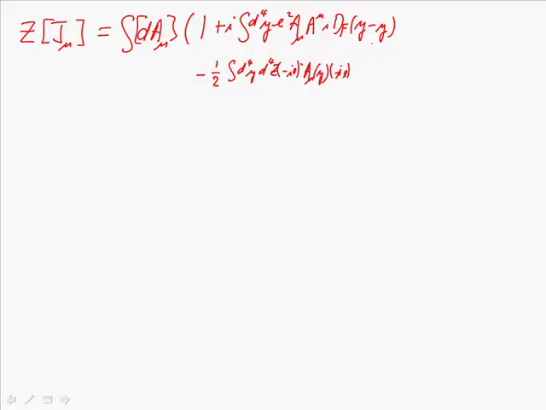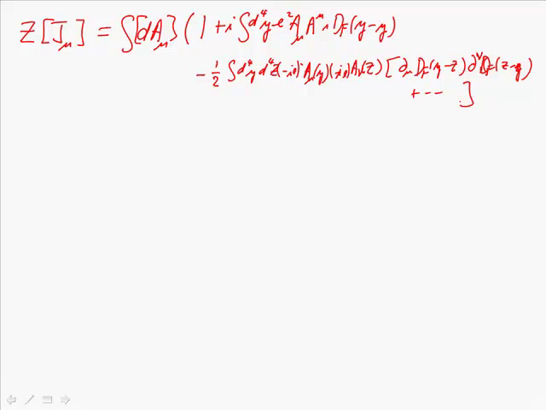Minus i e a nu of z, and then factors that look like d mu df of y minus z, d nu df of z minus y, plus three other terms.